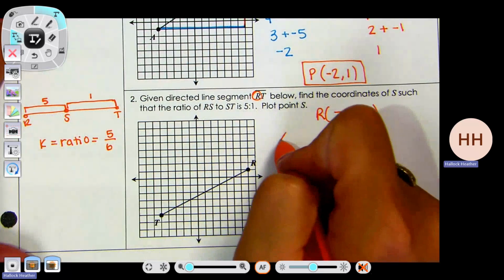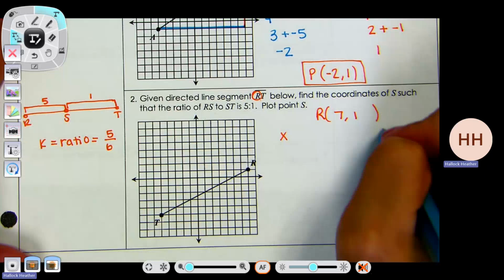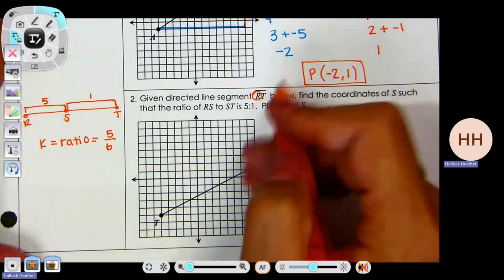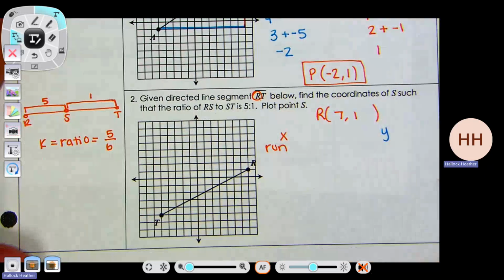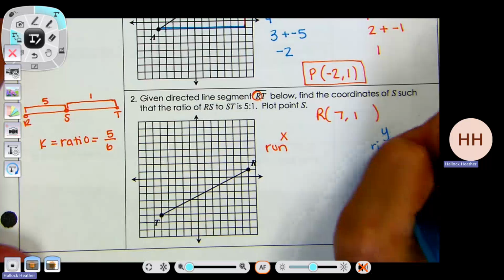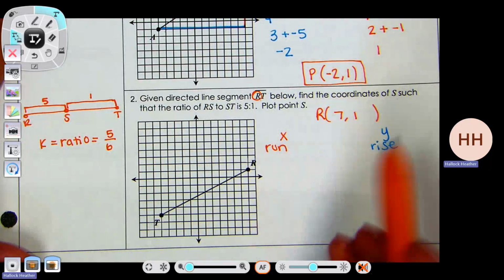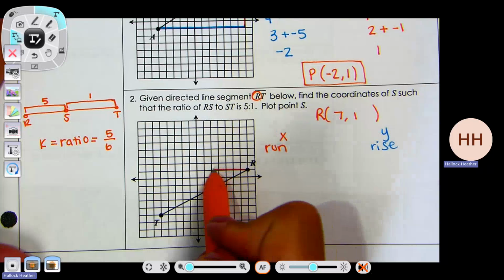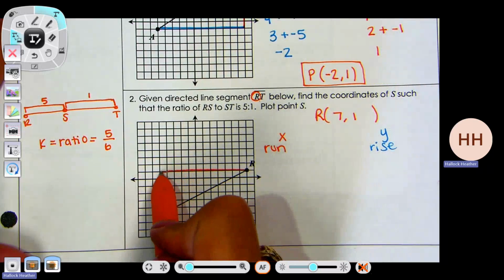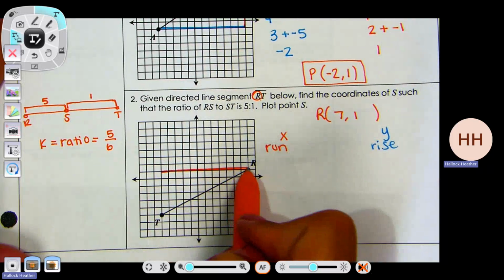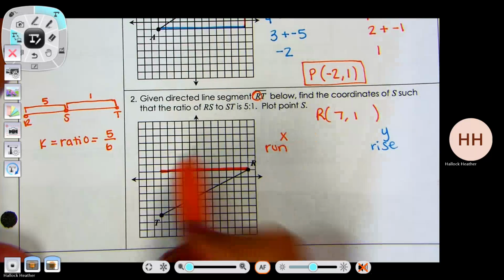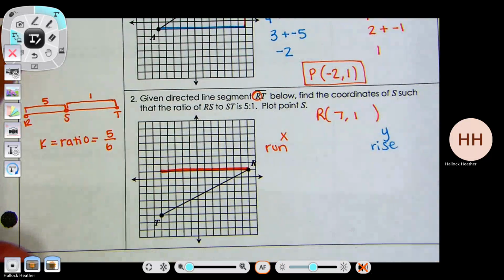So X, I have a Y over here. X is how much I'm running. Y is how much I'm rising, because you rise on your Y, just like slope. So for my run, if I start at R and I'm going all the way to T, how much did I have to run to the left? 12.